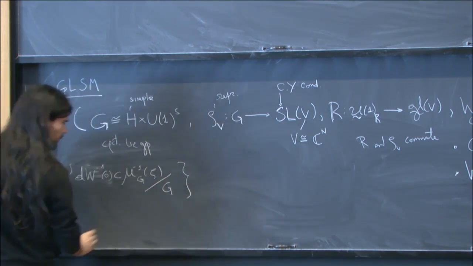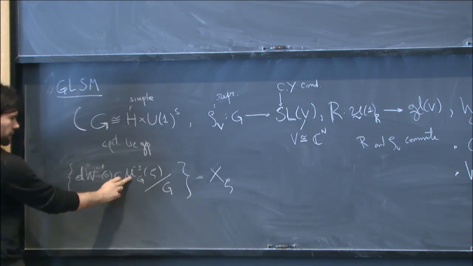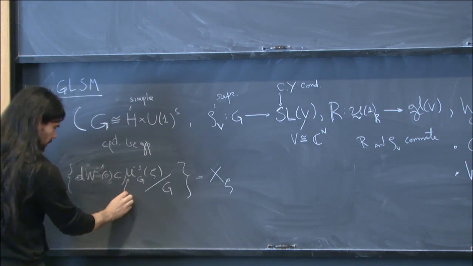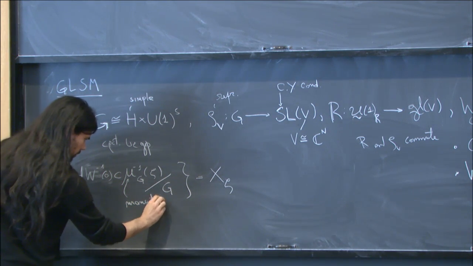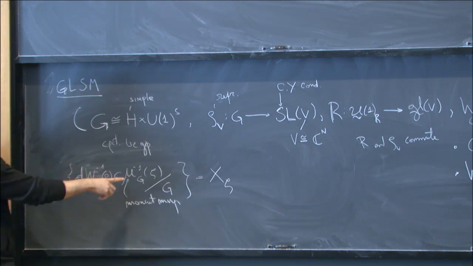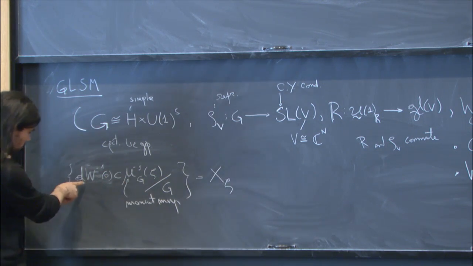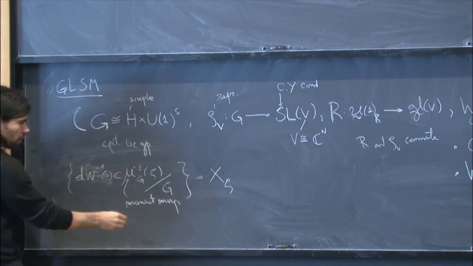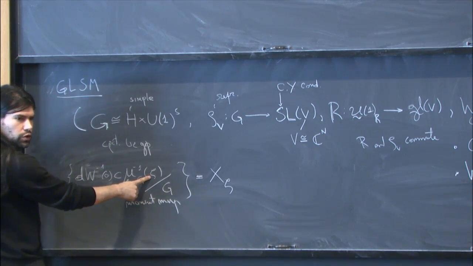You can think of defining this space where this is a moment map of the G action on V. So this space, and you take the critical point of this W, and this depends critically on where I choose these parameters.